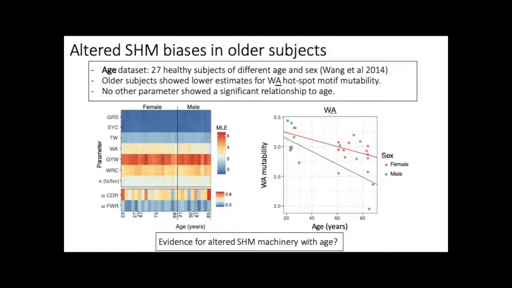So GYW is at the top, whereas GRS and SYC are at the bottom. They're the coldest. There's also a lot of variation in omega, DNDS, and the CDRs. If we look more closely, we can see that there is significantly lower WA hotspot mutability in older subjects for both male and female subjects. So this is potentially evidence for altered somatic hypermutation machinery with age.